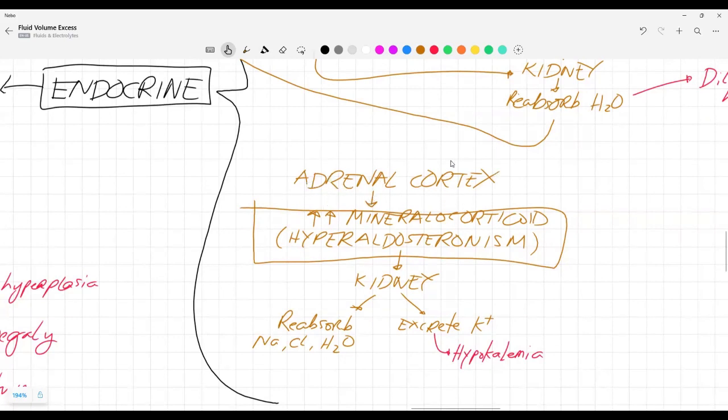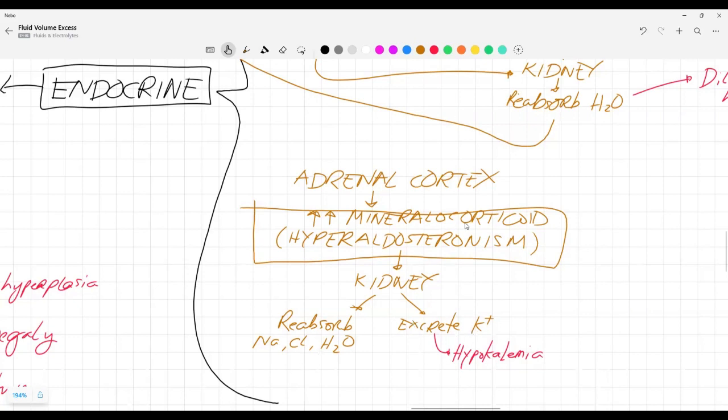So if there's a problem with the adrenal cortex that causes hyperaldosteronism, or the excessive production of aldosterone, and we know that aldosterone affects the kidneys. What it does to the kidneys whenever aldosterone is involved is twofold. One, it causes reabsorption of sodium chloride and water, and that is what would lead to fluid retention.